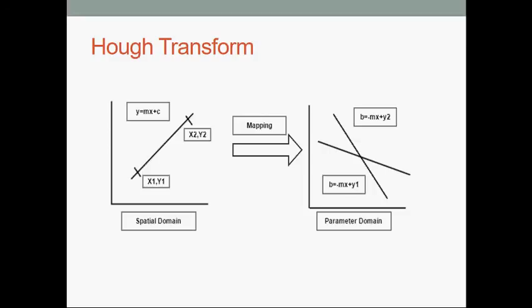Hough transform does nothing but map the spatial domain into a parameter domain, and if two or three or four lines are intersecting at a single point, it means that this is a straight line in the spatial domain.